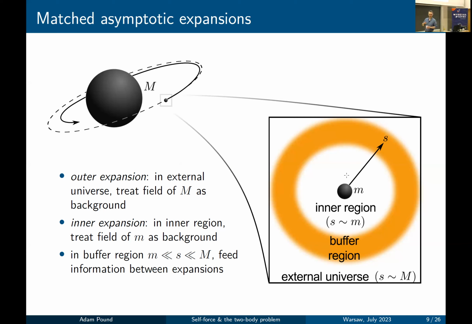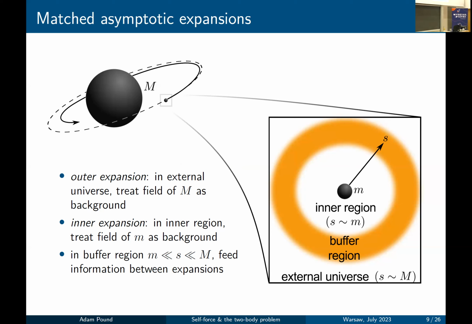Okay, so the reason it's very similar is that we're using this method called matched asymptotic expansions. So the idea here, I'm looking at a binary, but again, it doesn't have to be a binary. It can be any space-time containing a small body. The idea is, if we zoom in on a region around the small body, then we can identify the different scales in the problem and different regions associated with those scales.